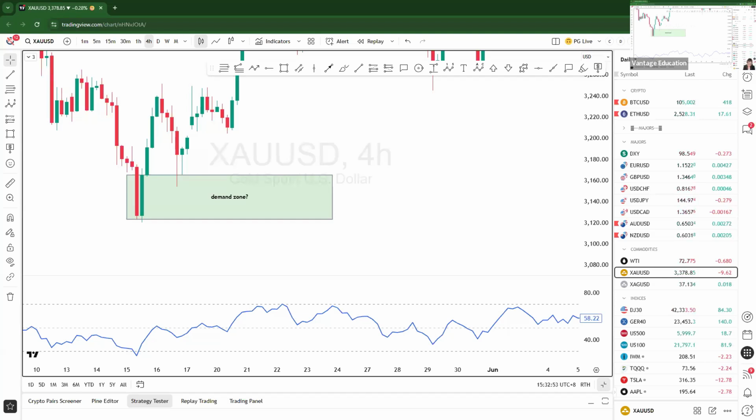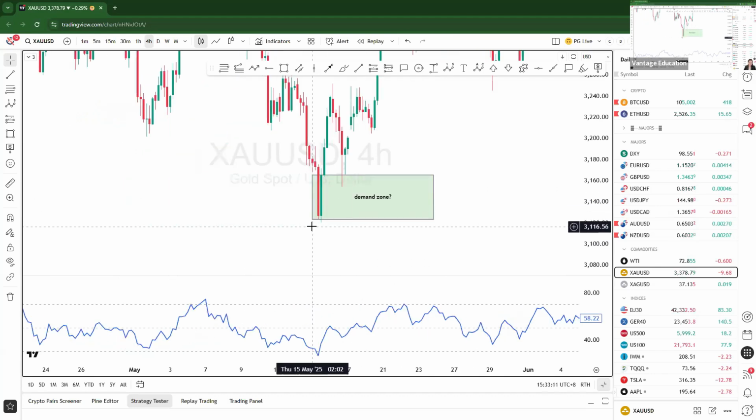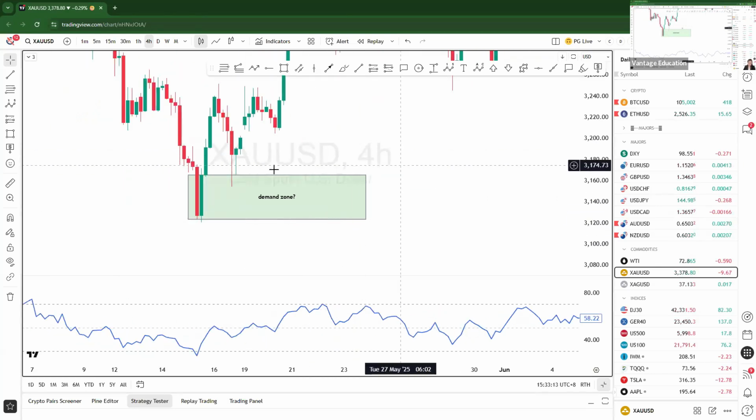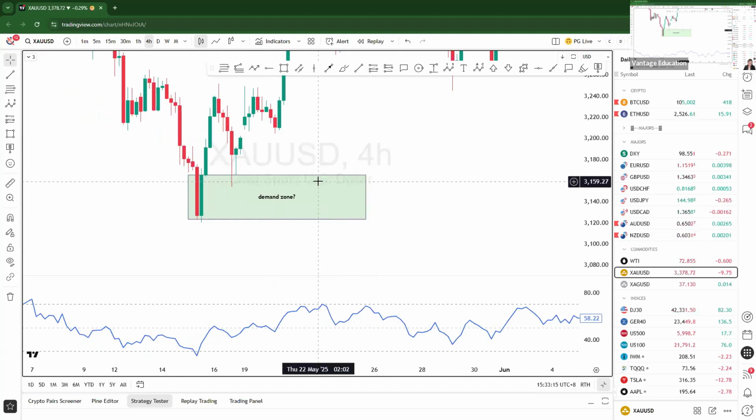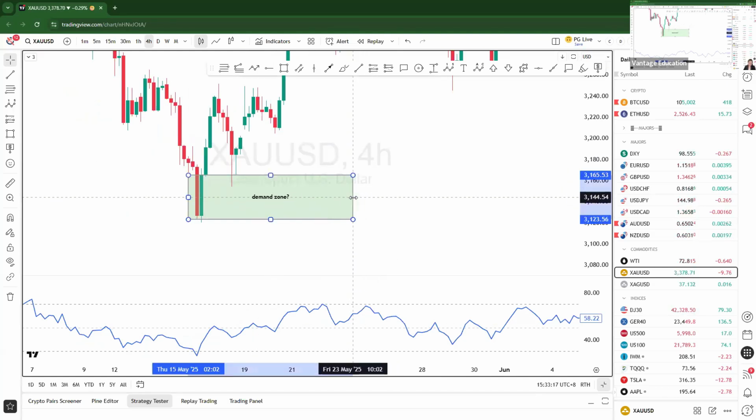Don't worry, I'm looking at the questions. Can anyone answer? Could I say this is my demand zone, based on the H4 time frame here?